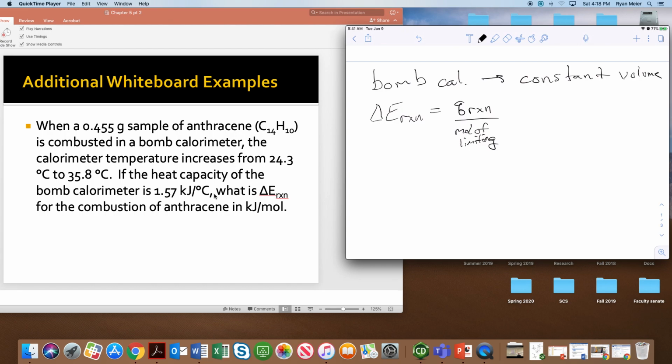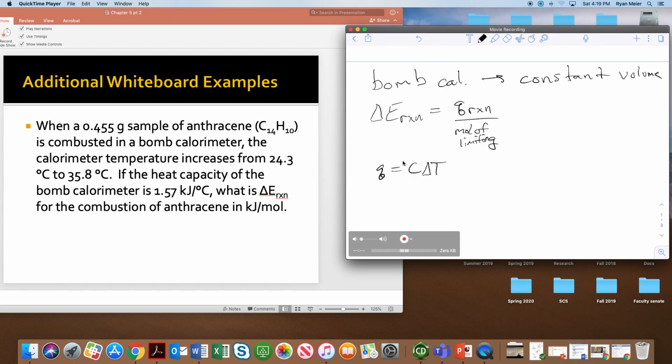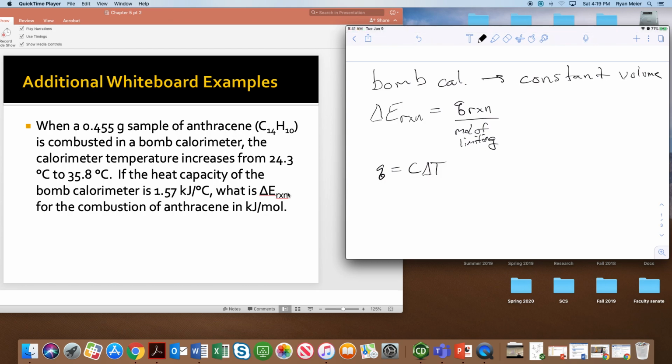So we have a change in temperature, so we can have an equation for Q. But unlike our last example where we used Q equals MC delta T, this equation is just going to be C delta T. There's no M involved, and the answer for why is here in our units. Like I said before, sign conventions and units are where the mistakes come from. There's no mass or moles in this constant, so there's not going to be any mass or moles in our equation for Q. It's just going to be Q equals C delta T.